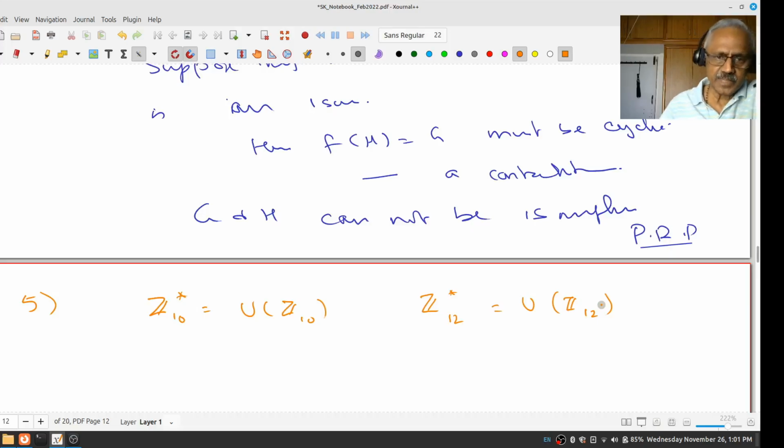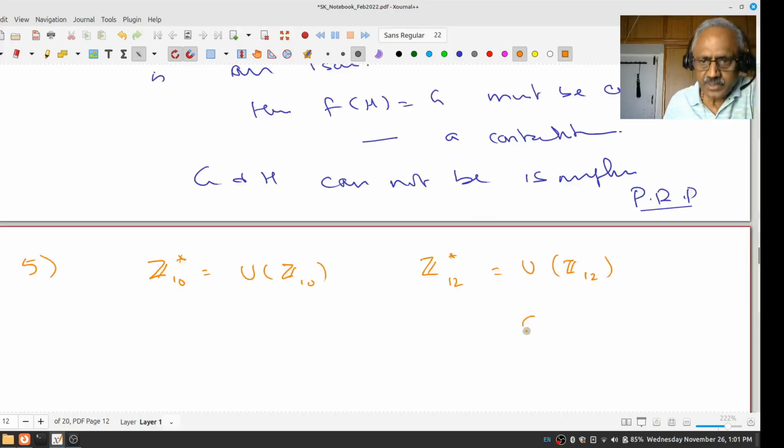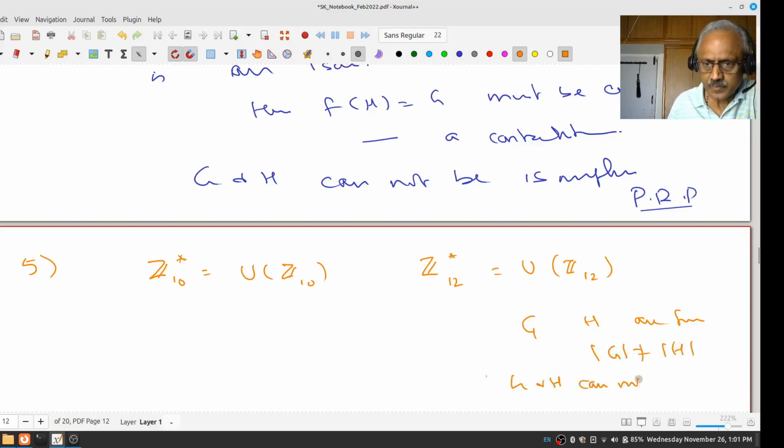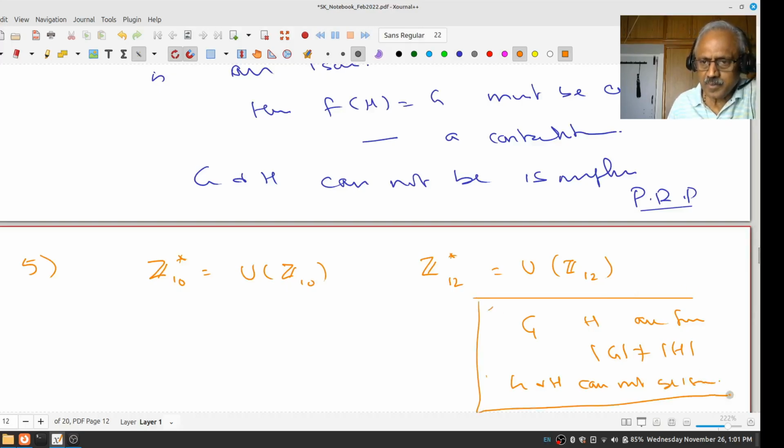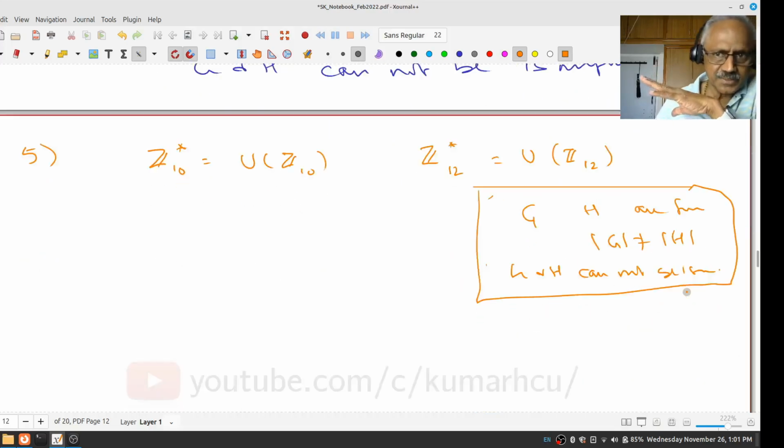First notice that if G and H are finite and the number of elements in G is not equal to the number of elements in H, then G and H cannot be isomorphic, because there cannot even be a bijection and hence no bijective group homomorphism. Is that clear? So these are finite, therefore first I have to make sure they have the same number of elements.